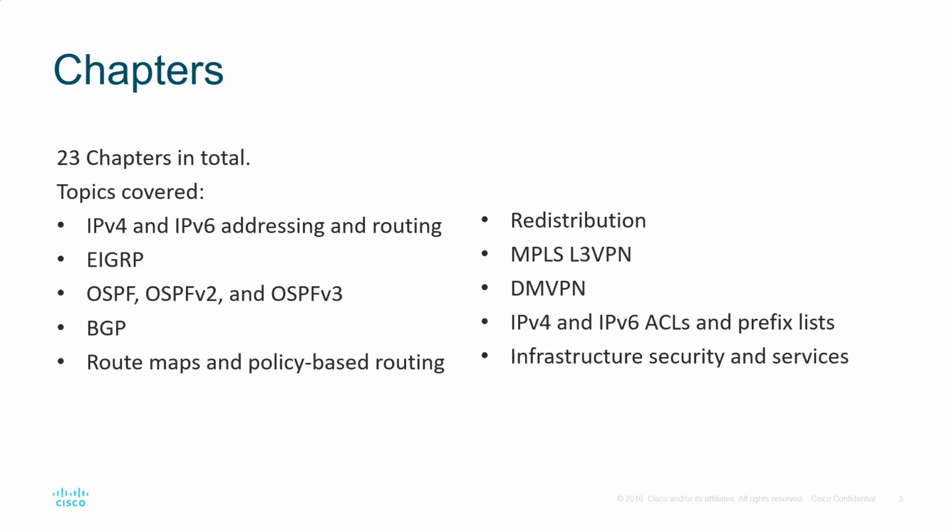So we use access control lists to do a lot more things, and this allows us to control that traffic flow throughout the network. Infrastructure security and services, cybersecurity and network security is very big in industry at the moment. So of course we're going to have a look at that as we go through.